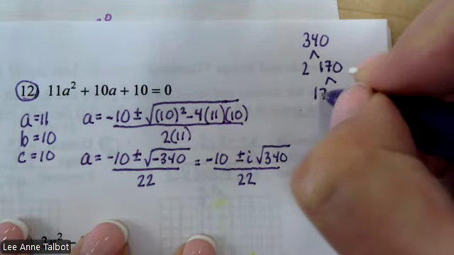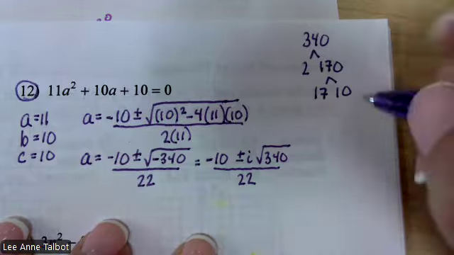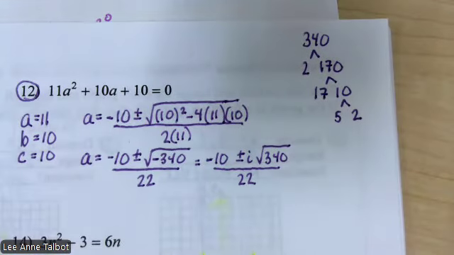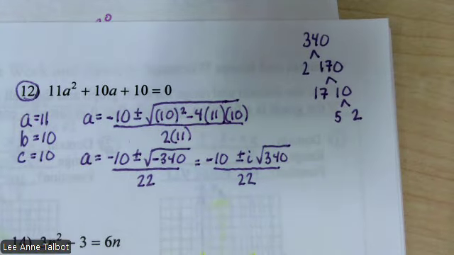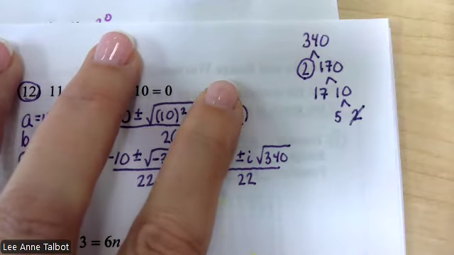This is 17 times 10. And this is 5 times 2. Okay, did I get down to the primes? Yes, the primes are 2, 17, 5, and 2. Do you see twins? Twos. Circle one, cancel the other.